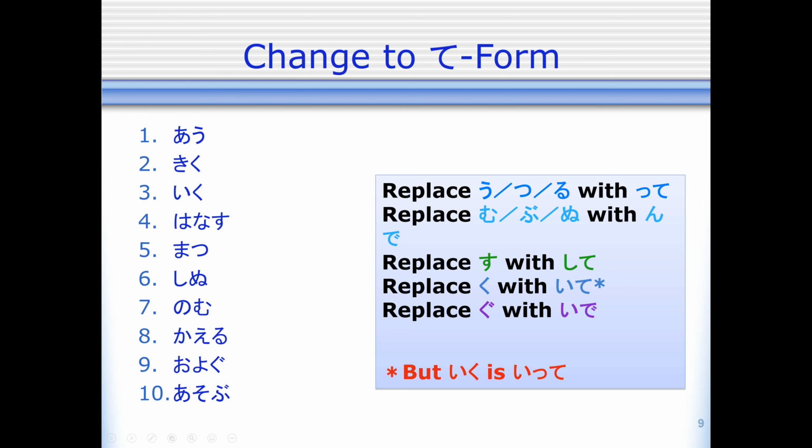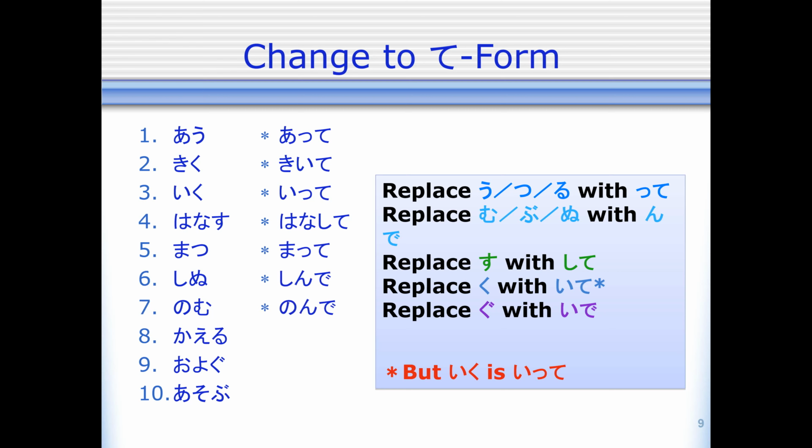Ready? Okay, let's see if we can check them together. So, the te form would be atte, kiite, itte, hanashite, matte, shinde, nonde, kaette, oyoide, asonde. Good job!